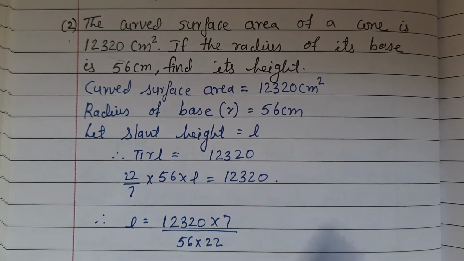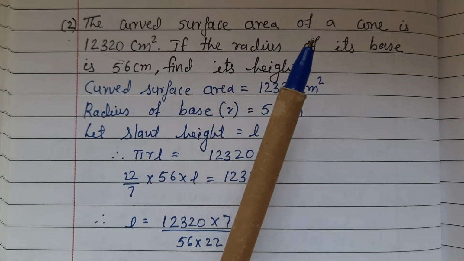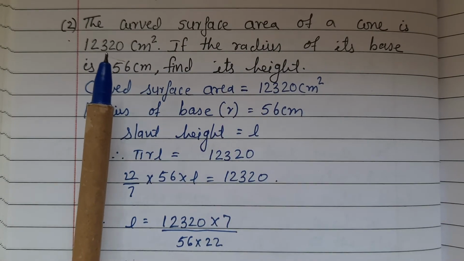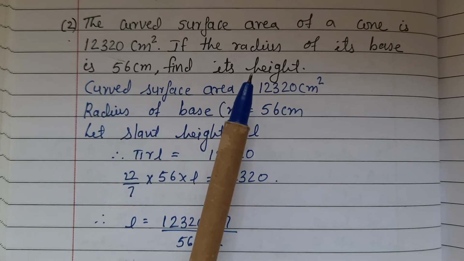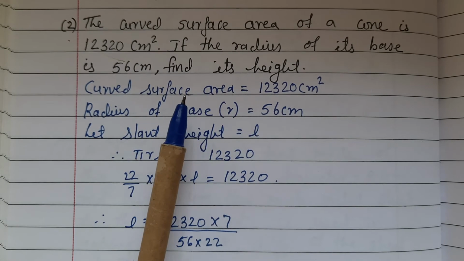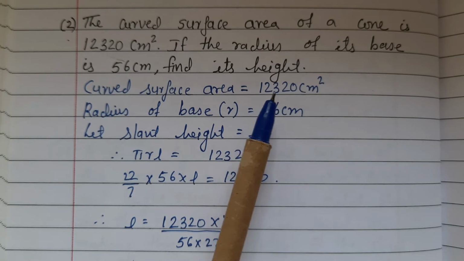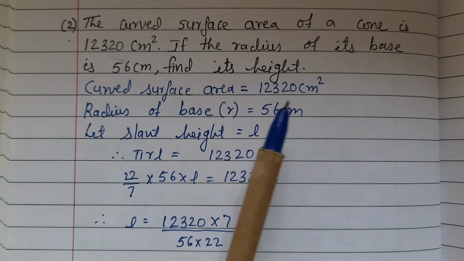Sum number 2. The curved surface area of a cone is 12,320 centimeters square. If the radius of its base is 56 centimeter, find its height. Curved surface area equal to 12,320 centimeters square. Radius of the base R equal to 56 centimeter.